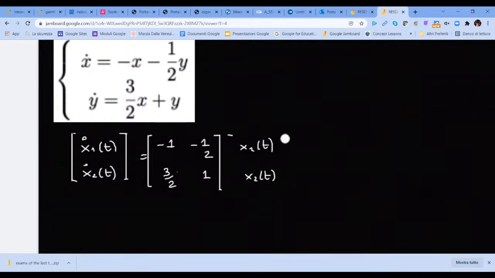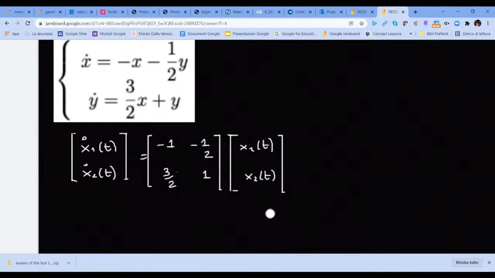Okay. And this has a steady state solution that should satisfy x dot equals 0.